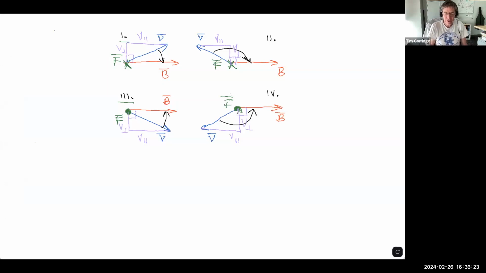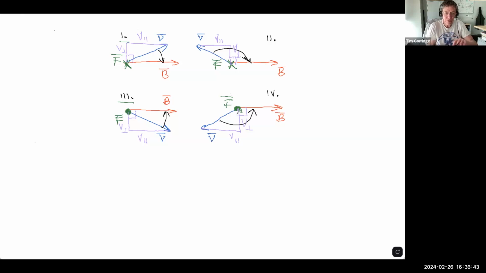That's just to show you that in this case, where the velocity vector and the magnetic field vector are not simply perpendicular to one another, you can think of the velocity vector as having a component that is perpendicular and another component that is parallel.